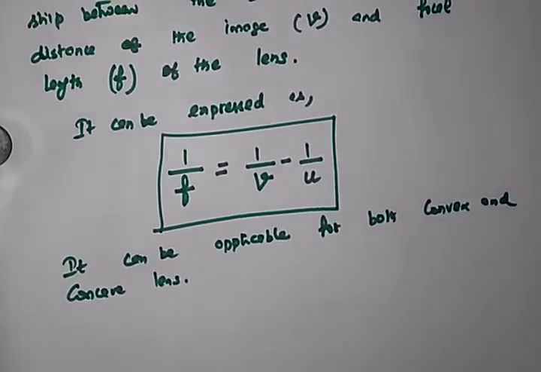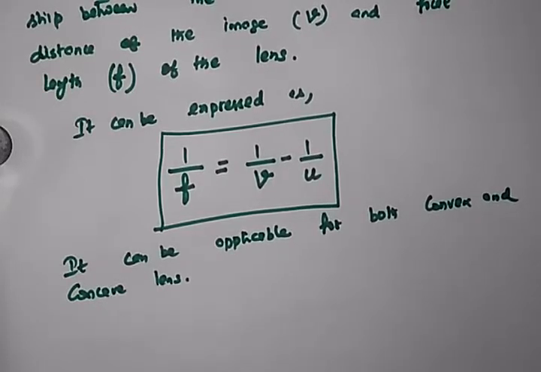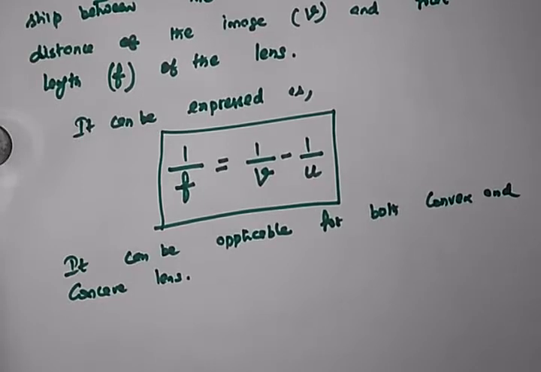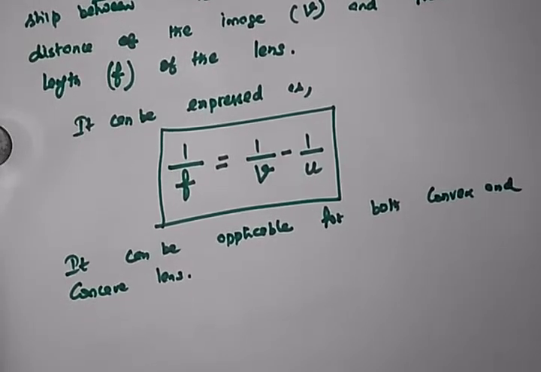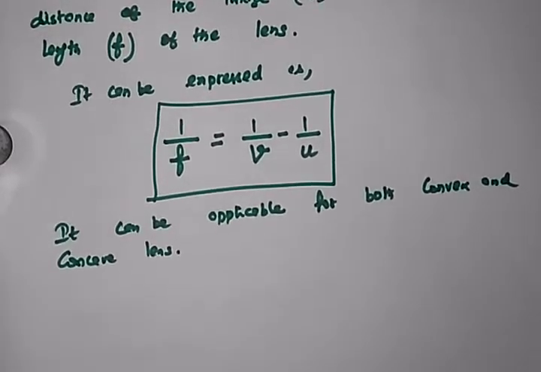So while solving numerical problems related to lenses, we have to take the proper sign for each of the different quantities. Okay, we will learn more in higher studies. Don't worry, it's a very simple topic.